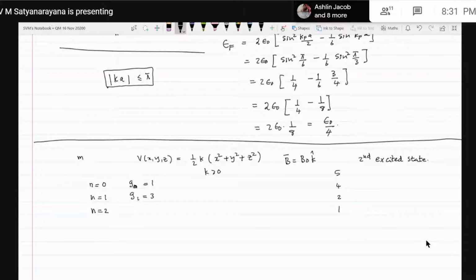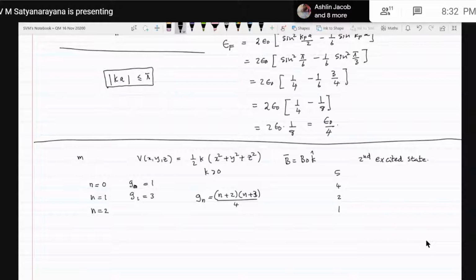I think there is a general formula for the isotropic three-dimensional harmonic oscillator, which is (n plus 2)(n plus 1) by 2. If n is equal to 1, then 3.